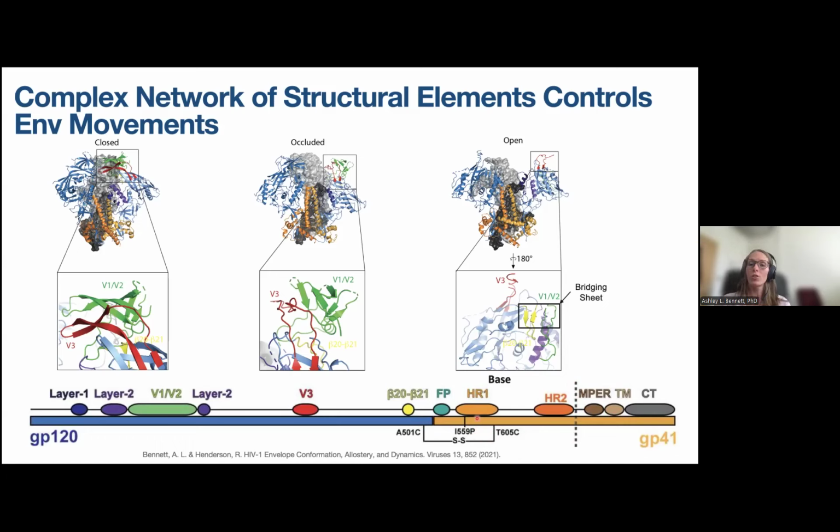I just wanted to point out that this is one of the biggest structural modifications we make from the native protein to stabilize it and be able to work with it: to make it solubilized. And we call this the SOSIP construct. So yeah, sorry that I forgot to point that out first.